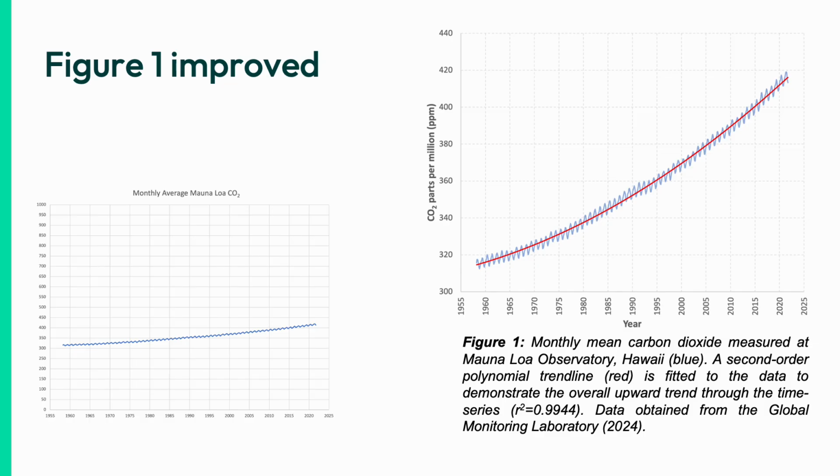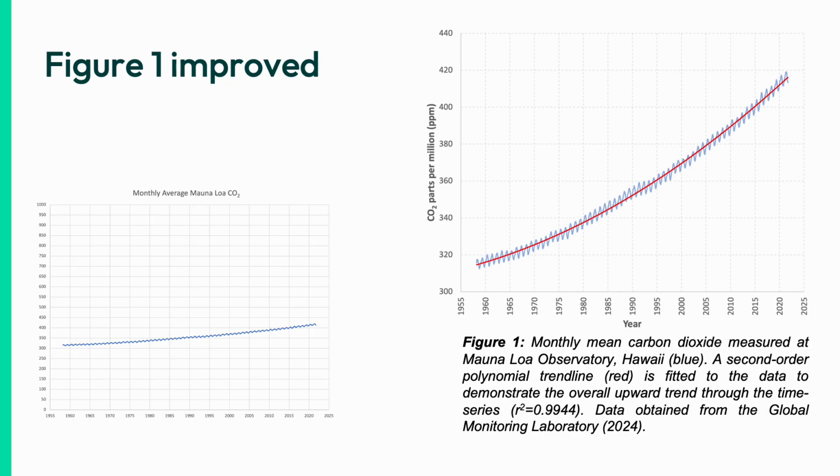You can see here in this figure caption, we've got monthly mean carbon dioxide measured at Mauna Loa Observatory in Hawaii. A second order polynomial trend line is fitted to the data to demonstrate the overall upward trend through the time series. Data obtained from the Global Monitoring Laboratory. So here we've explained in a really concise way what that data is.